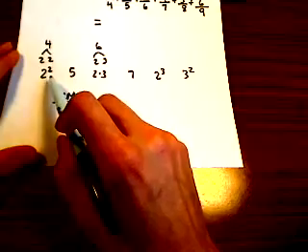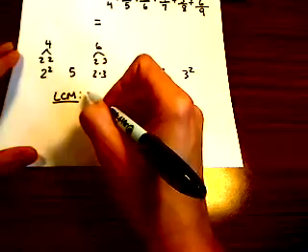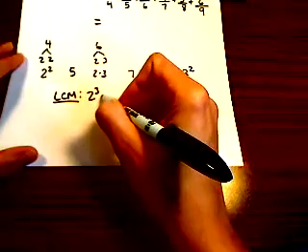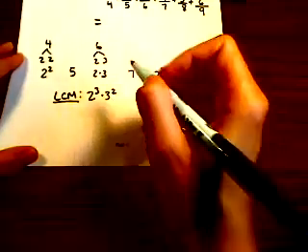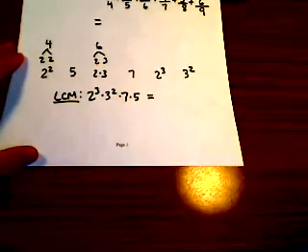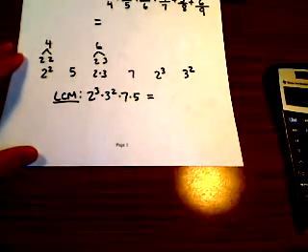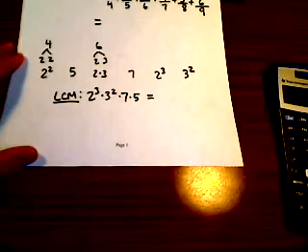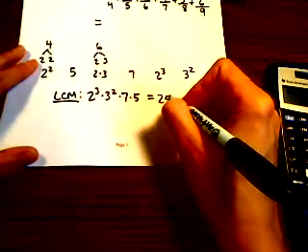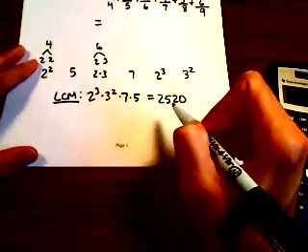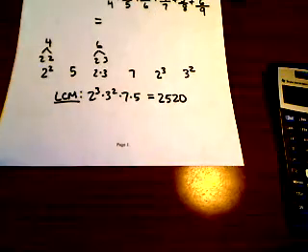The 2 occurs at most 3 times, so we need it 3 times. The 3 occurs at most twice. The 7 occurs at most once, and the 5 occurs at most once. If we take 8 times 9 times 7 times 5, we get 2520. So that is our common denominator.